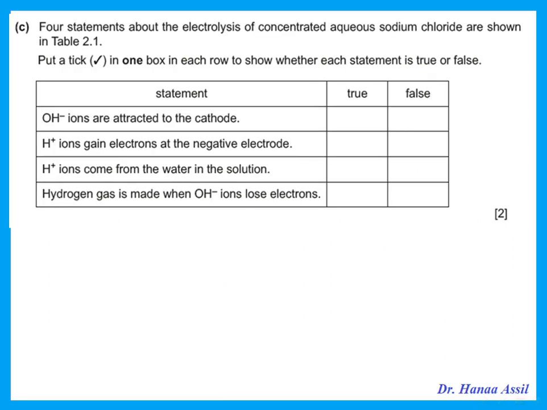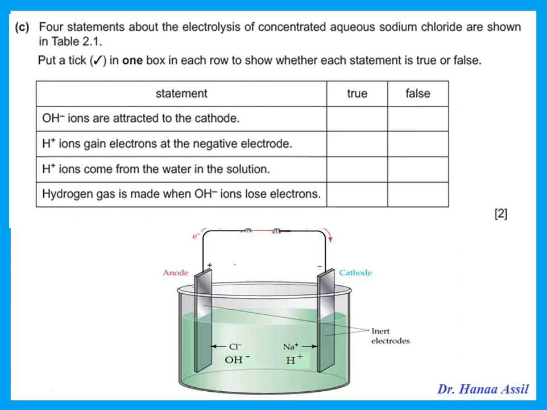Four statements about the electrolysis of concentrated aqueous sodium chloride are shown in the table. Put a tick in one box in each row to show whether each statement is true or false. Again, what are we doing? We're doing electrolysis of concentrated aqueous sodium chloride. Let's revise this again.